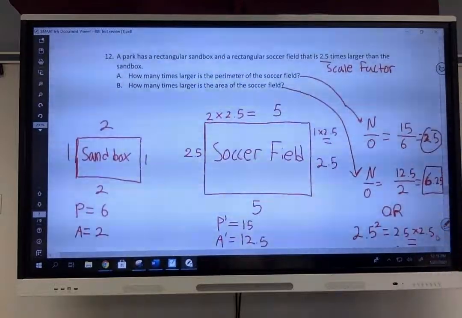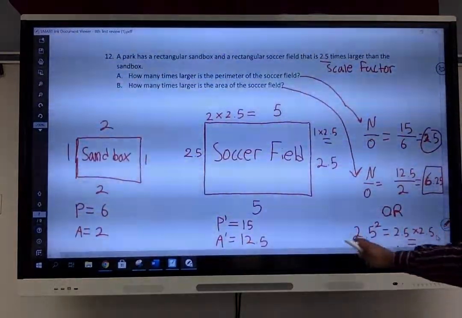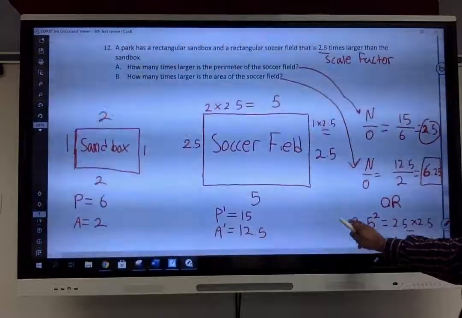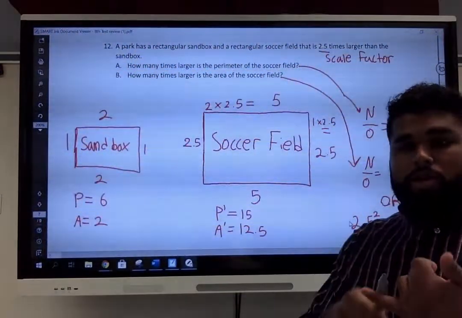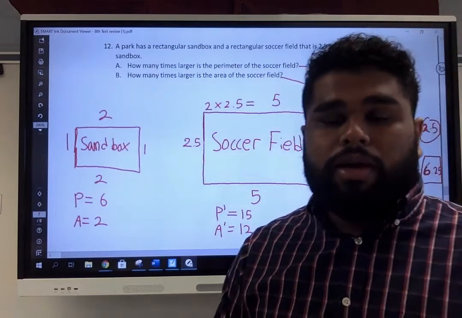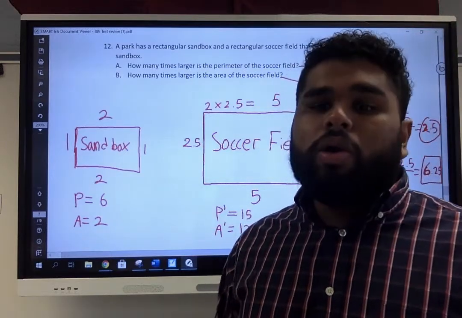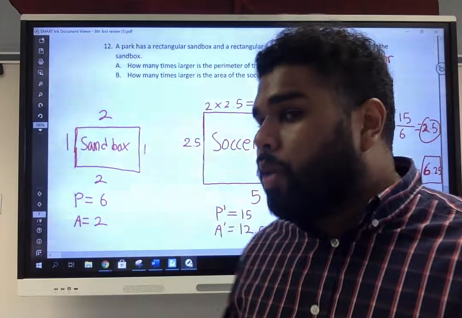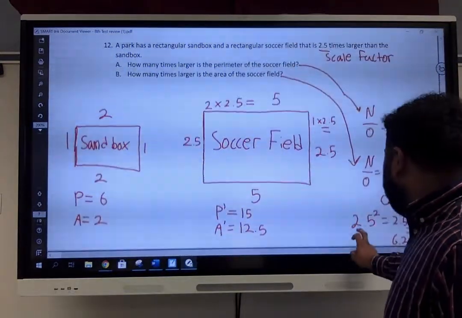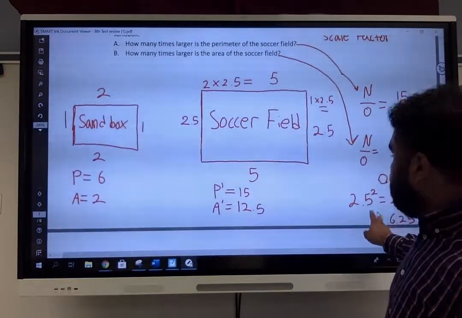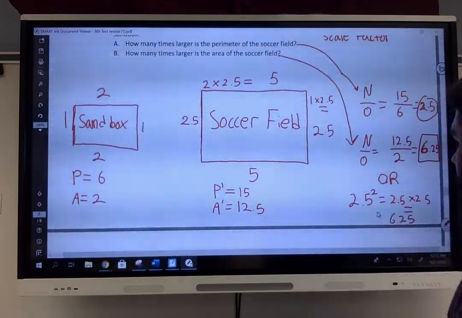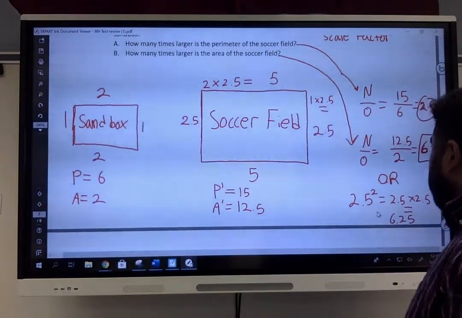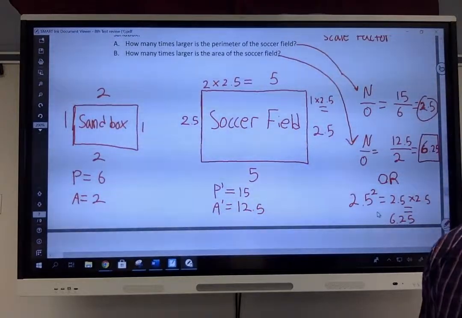What I'm trying to show y'all is, again, it's asking how many times larger the area of the soccer field is. You can do the new area divided by the old area, or you can just take your scale factor and square it, and it will equal the area change. Because 6.25 is what you get when you square 2.5, which is the same as what we got up here.